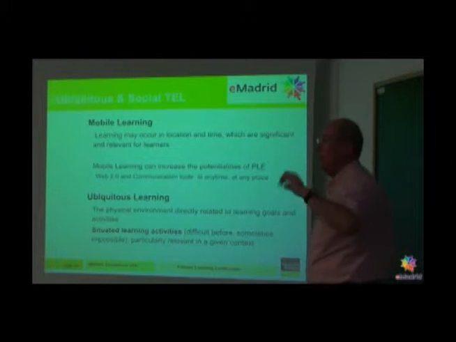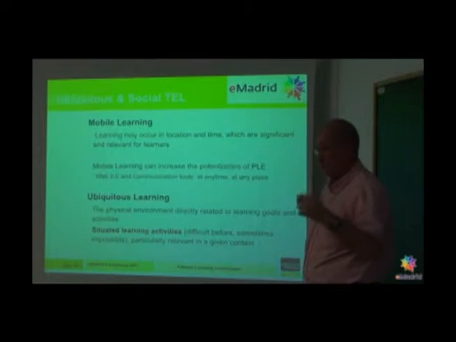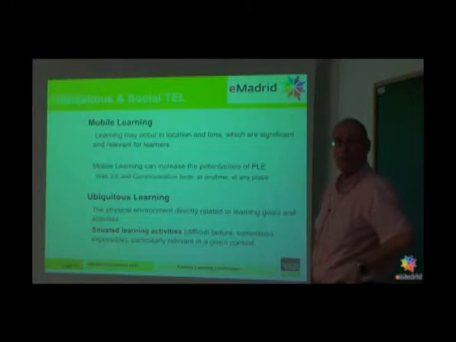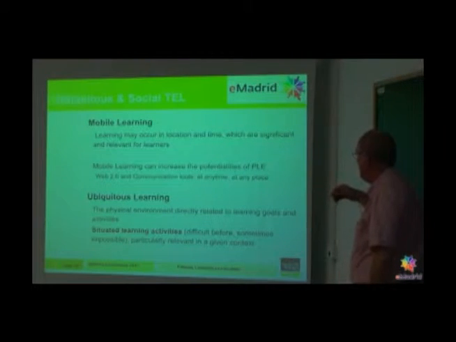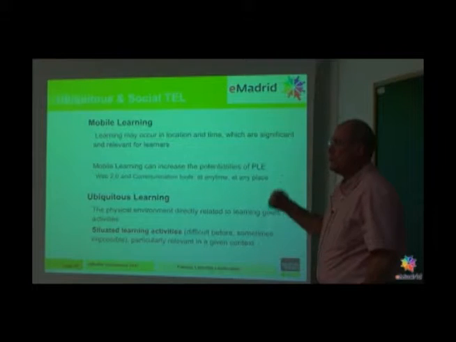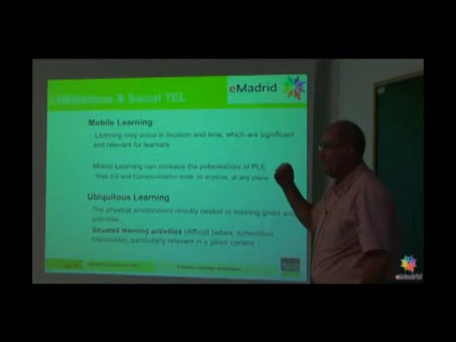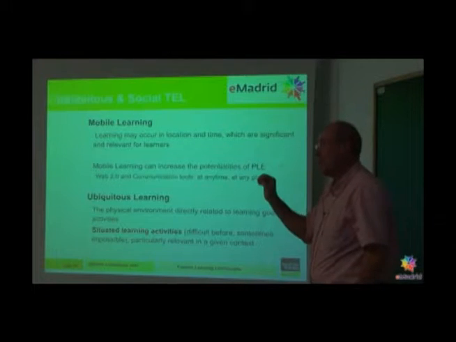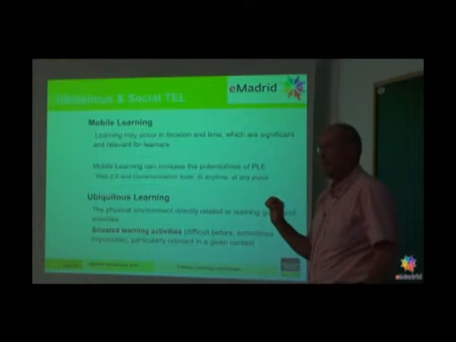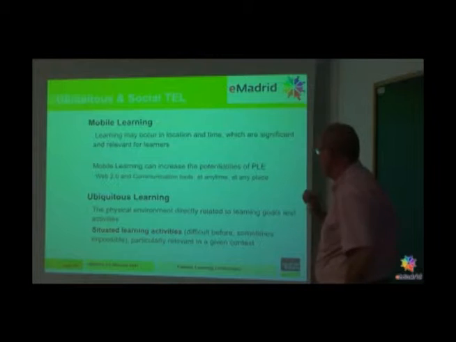It could be lots of different features. By means of these features, of course, you have situated learning activities, but the main point is that you are able to filter information to be able to give the right information to the right person, to the right group at the right time. Okay? That's the main point.